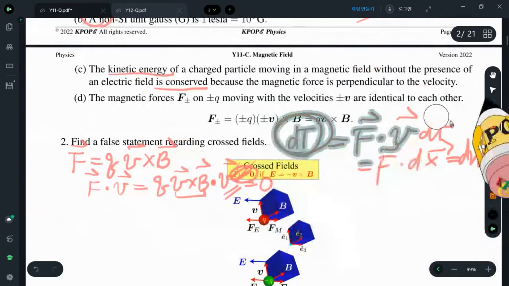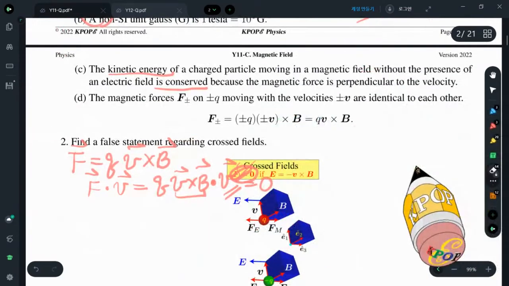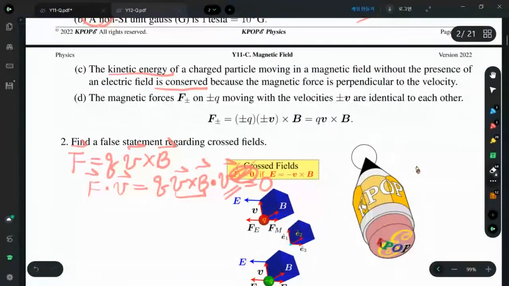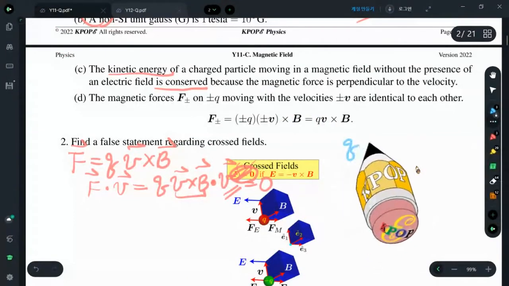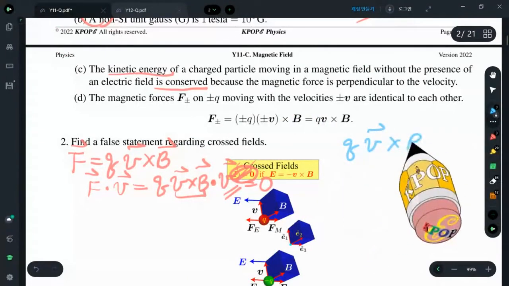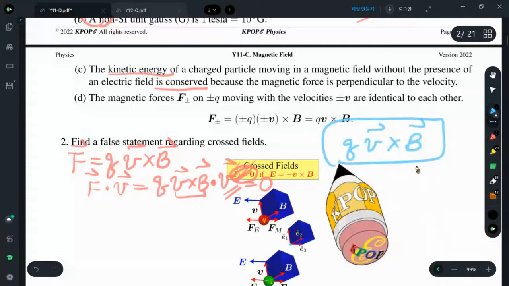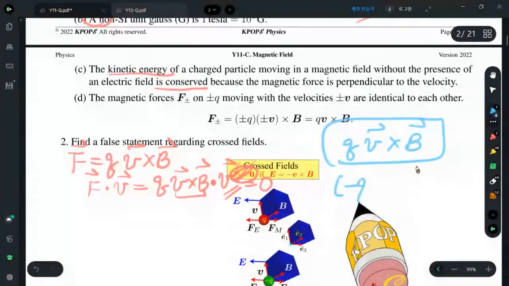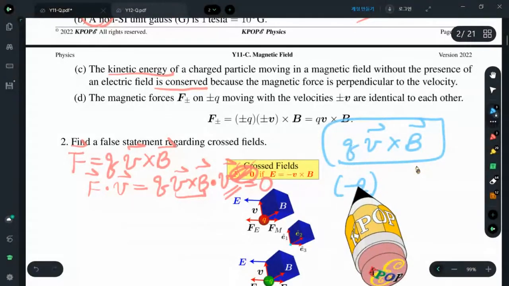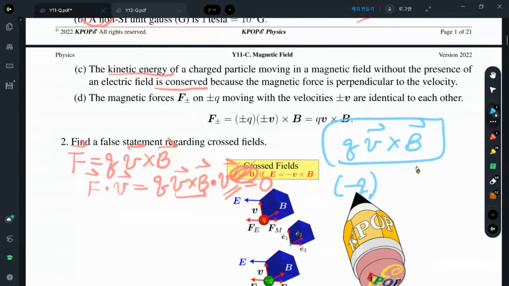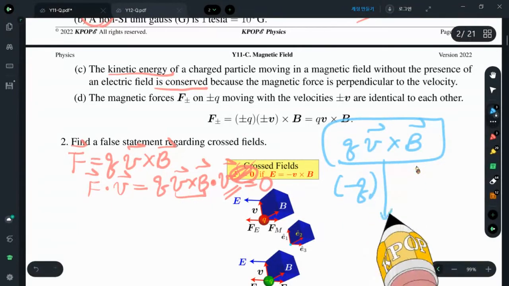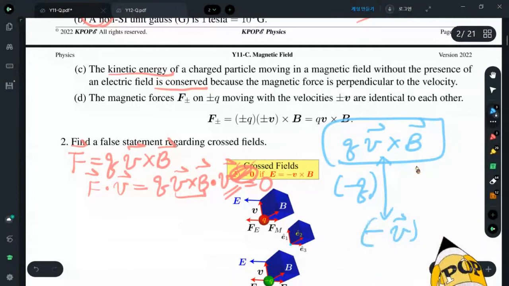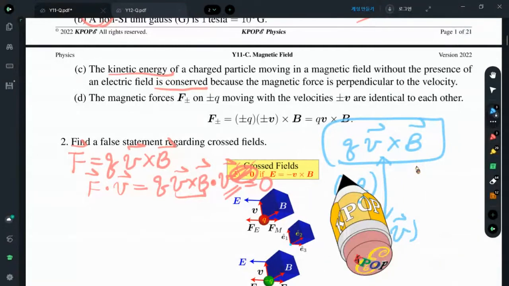Next, the magnetic force applied to a charge Q moving with the velocity v is defined like that. What happens if I flip the sign of the charge? Then the force is flipped. What happens if I change the sign of velocity? Again, the force is flipped.